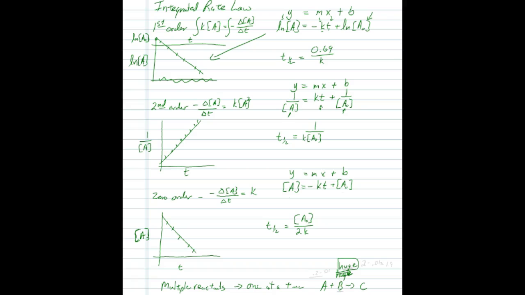But the difference in the concentration, if you go from 1 molar or 2 molar minus 0.1, is about 1.9. Here, if you have 0.2 molar minus 0.1 molar, it's half as big. So the change in A is noticeable.